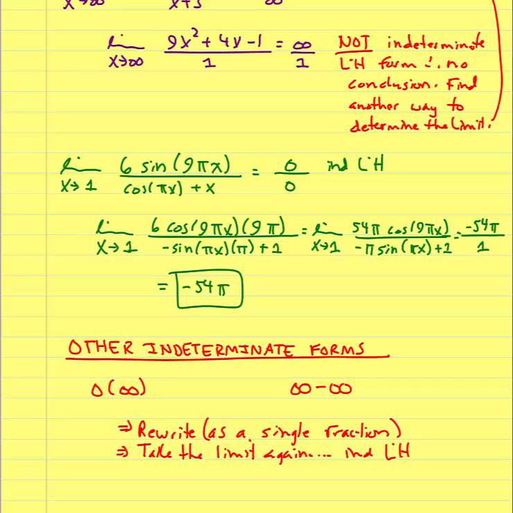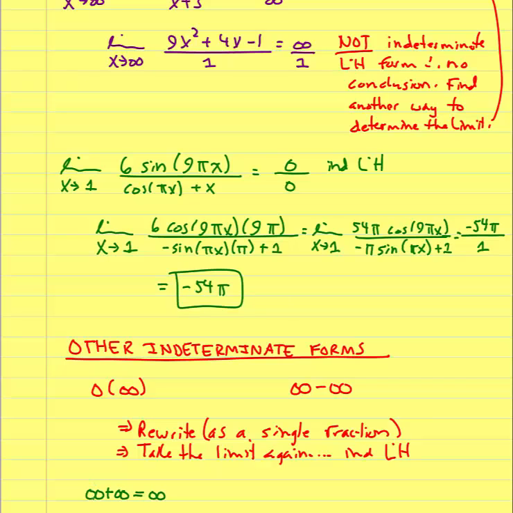Now there's a few other forms that we run across that really look indeterminate, but they're actually not. So let's go ahead and look at those as well. A couple of these would be something like, we talked about 0 times infinity. What about infinity plus infinity? Well, infinity plus infinity is just another infinity.